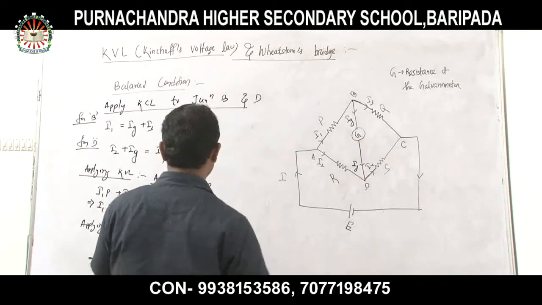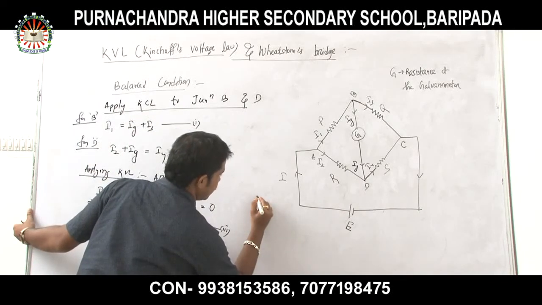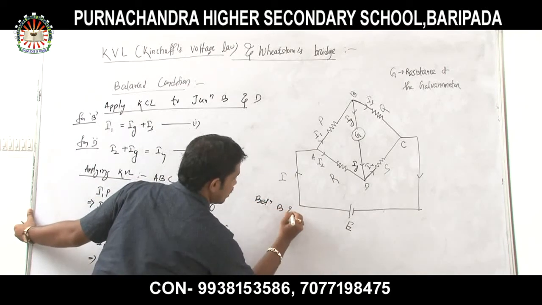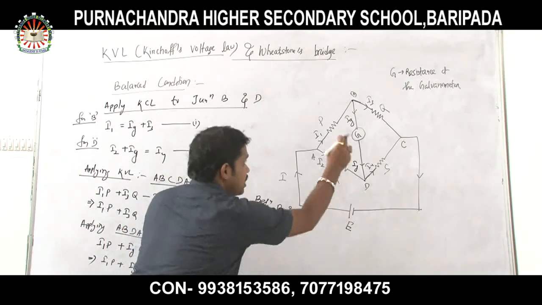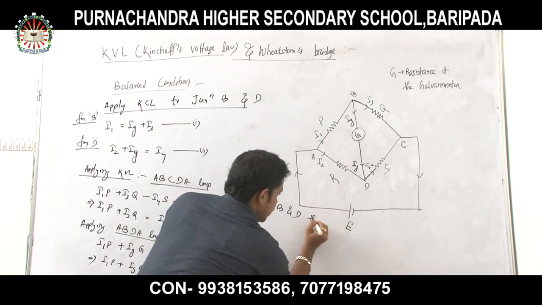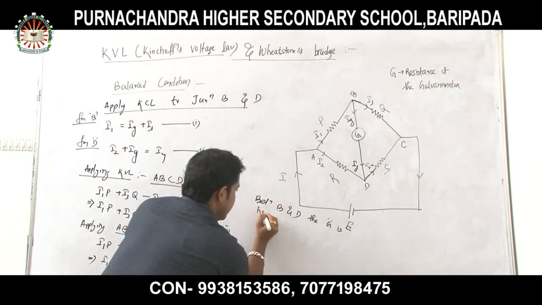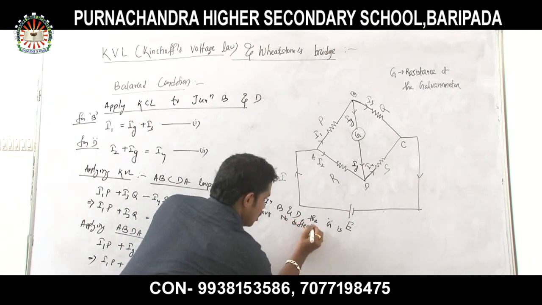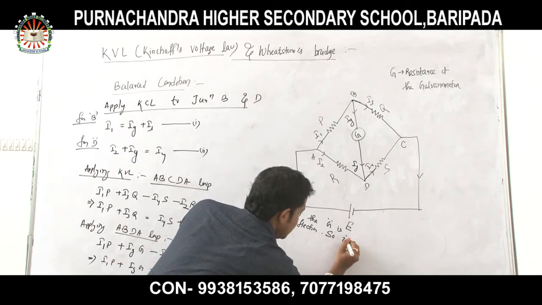Now between B and D, the galvanometer G is having no deflection. That means the IG value becomes 0.